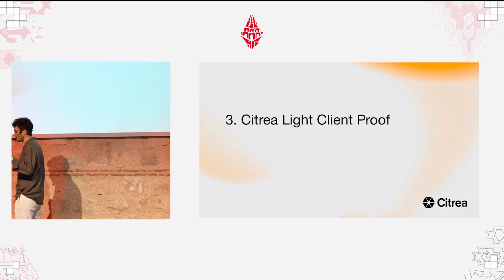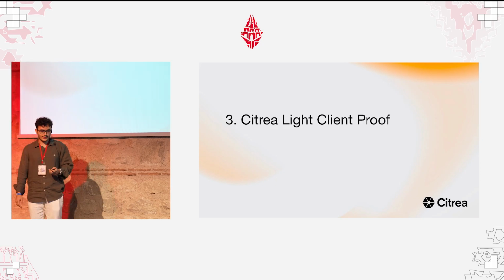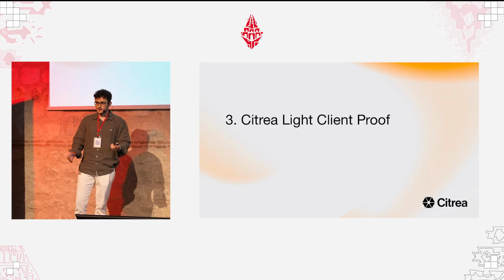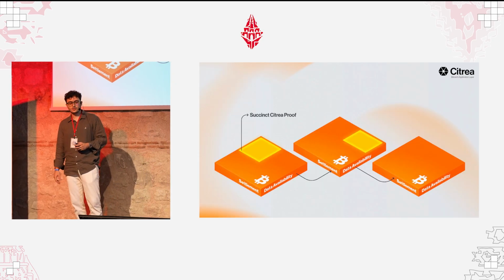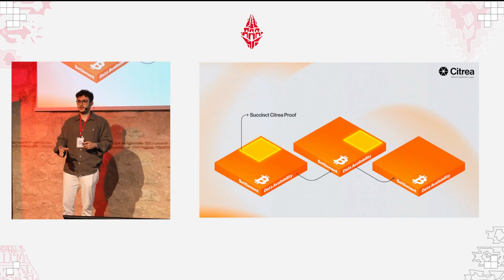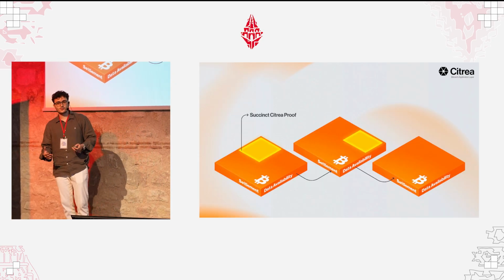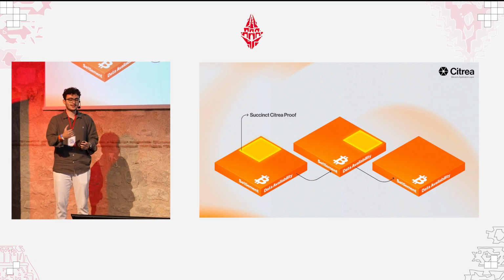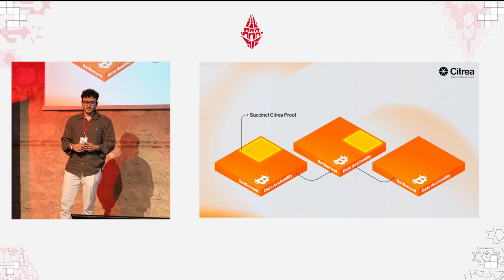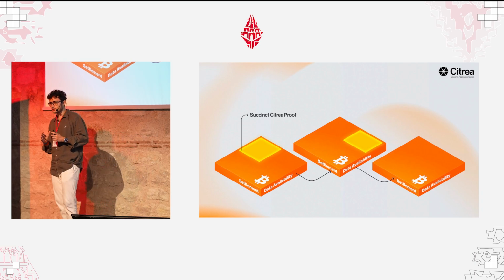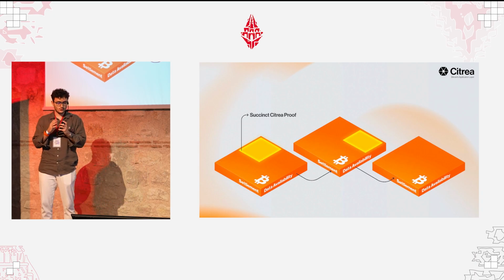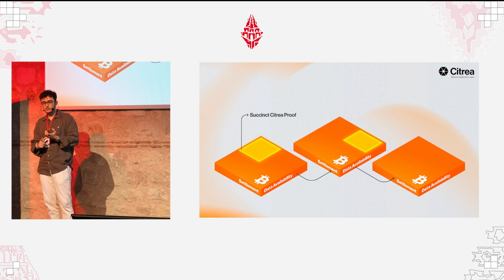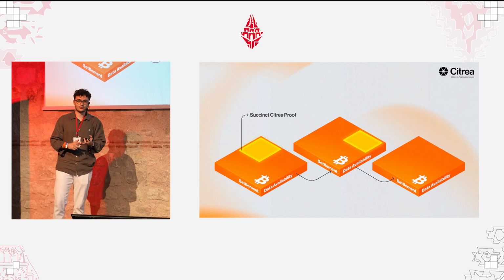What are we going to do with all this data? So that's where Citrea Light Client proofs come in. We create another ZK circuit, which basically goes over all Bitcoin blocks in a given header chain, scans for Citrea proofs, verifies those ZK proofs inside ZK again, and basically creates a much smaller version of Citrea proofs that only includes the Bitcoin header we're on and Citrea's state root.